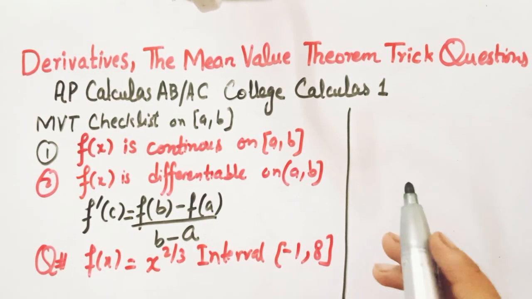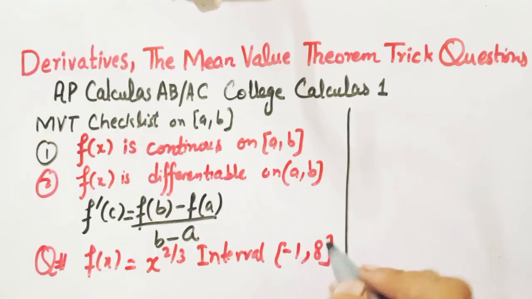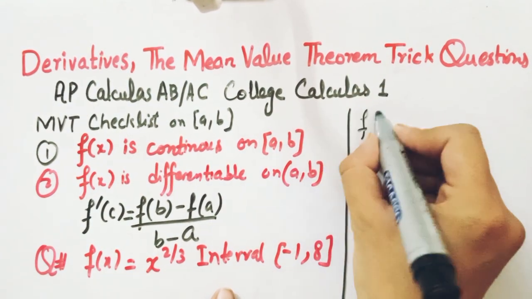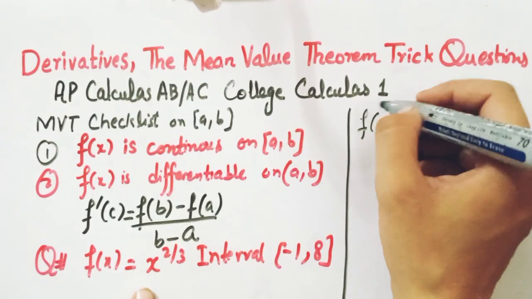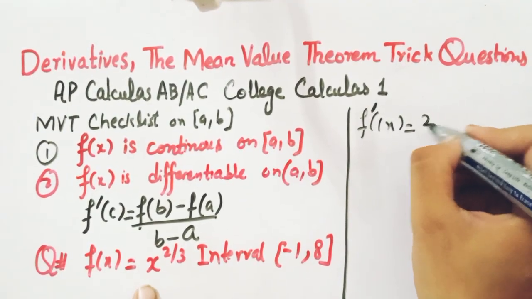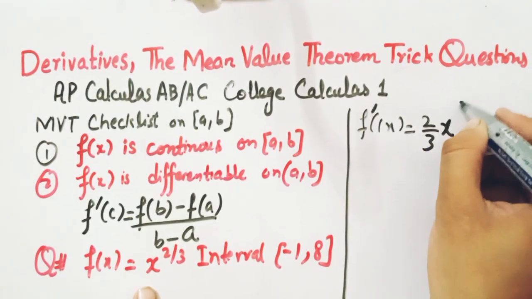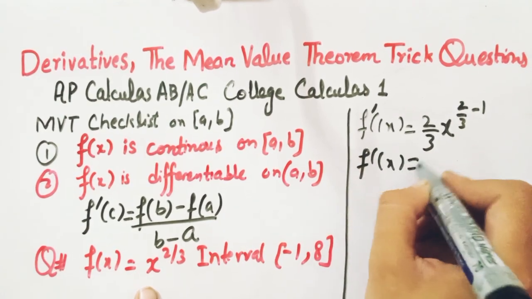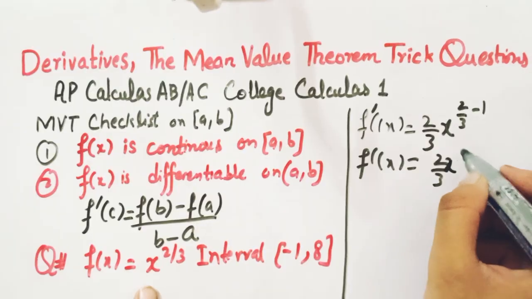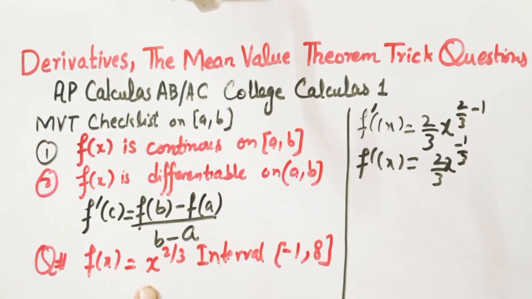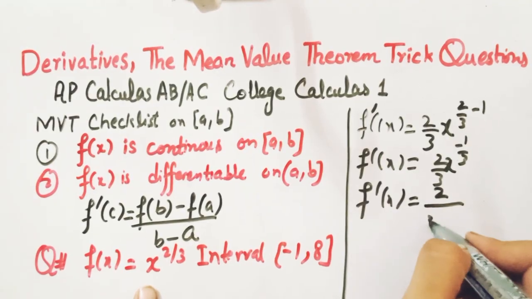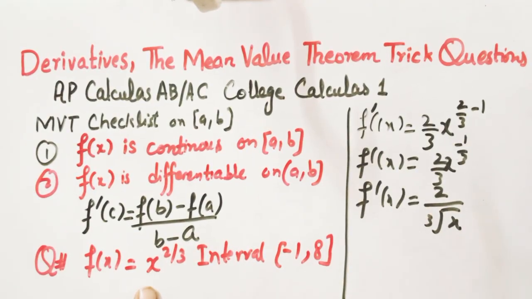To check differentiability, we need to find the derivative of our function first. So f prime of x equals 2/3 times x raised to the power 2/3 minus 1, which gives us f prime of x equals 2/3 times x raised to the power minus 1/3. So this is the value of the derivative.